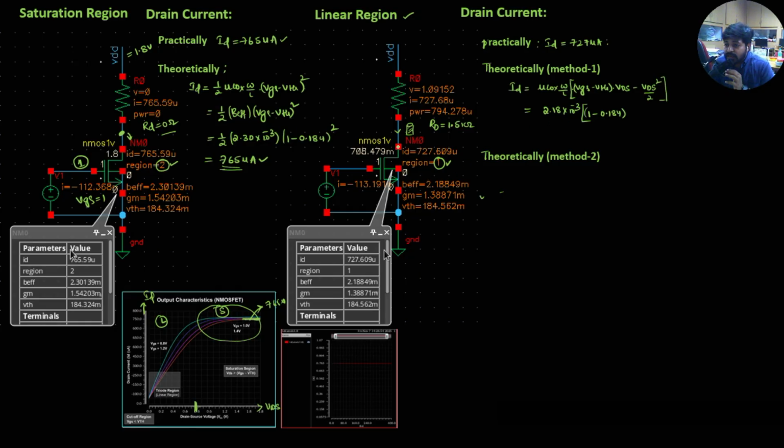You can see that the source is grounded, so drain voltage is nothing but VDS now. We can see that 0.708 minus 0.708 whole square by 2. So this will be the quantity, the current conducted across the transistor.